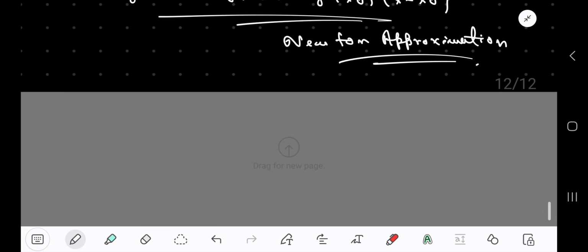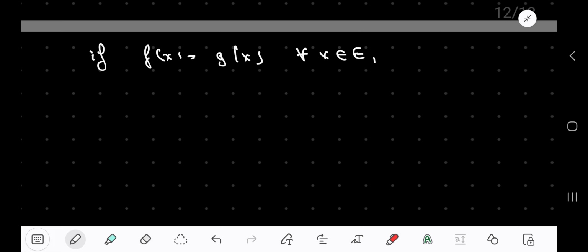Right. One more thing you can observe is that if I have two equal functions, that is f(x) equals g(x) for all x in E, and if one of them is differentiable at x naught, then the other must also be differentiable at x naught whenever we are concerned about interior points. That is something to keep in mind.